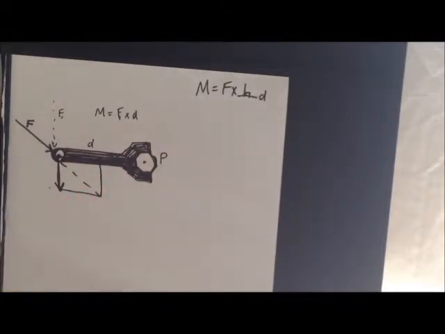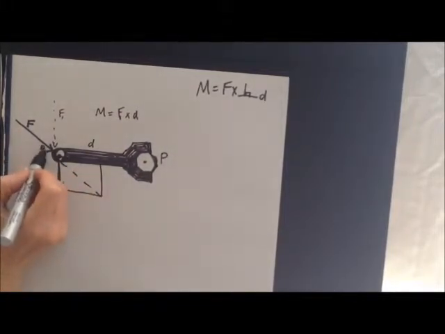Now we know that if you're pressing this way along the oblique, the vertical and the horizontal components are going to be smaller than the original force because they're just its components. So how do we work out this vertical component?